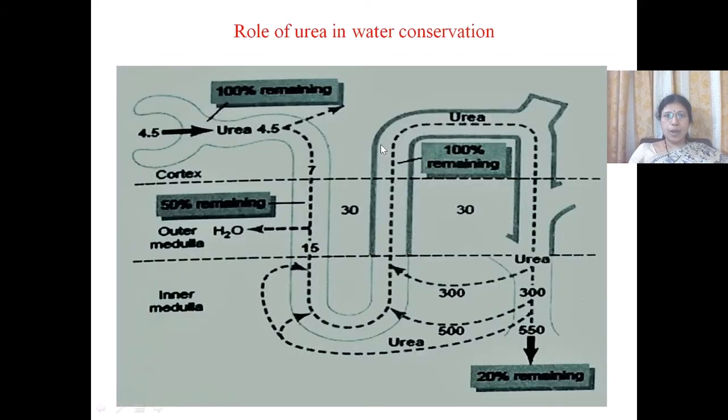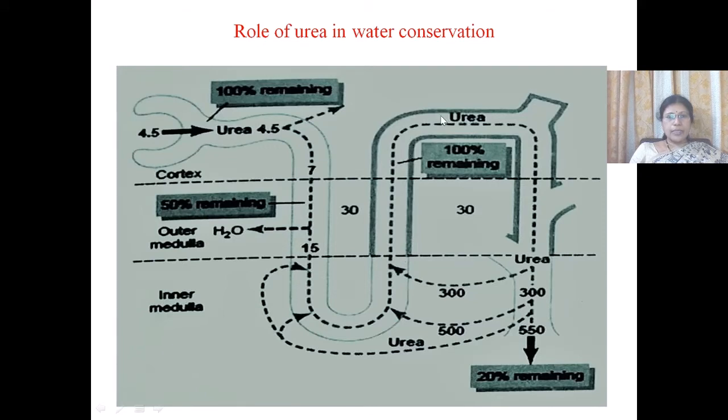Now let us see the role of urea in water conservation. About 50% of urea is reabsorbed, and 25 to 30 grams of urea is excreted in urine. About 50% of urea is reabsorbed in the proximal convoluted tubule, and some urea is secreted into the thin segment of the ascending limb of the loop of Henle.